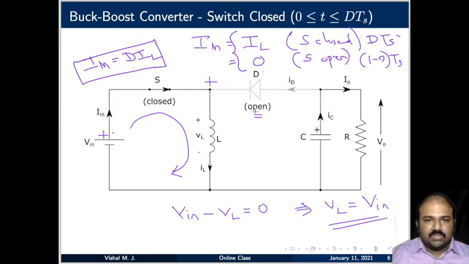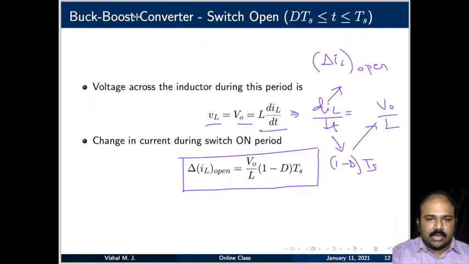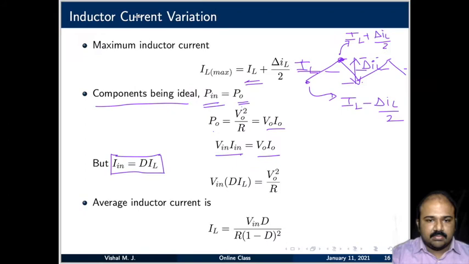If you take the average of this, then you will get I in is equal to D times IL. So, that principle is being used to calculate the average value of the inductor current. So, I in is equal to duty ratio times average inductor current. Instead of I in, we substitute D IL, which we have just seen.